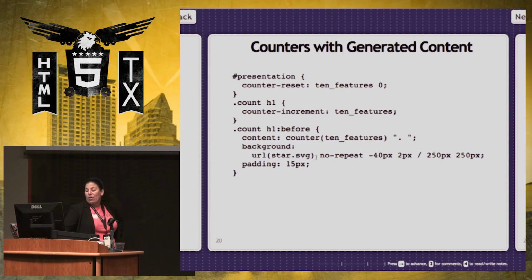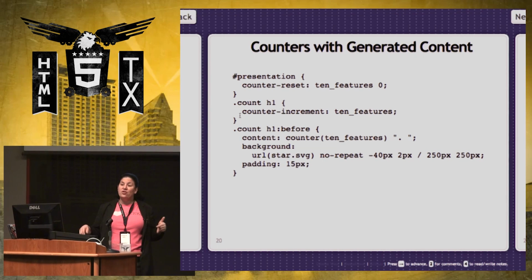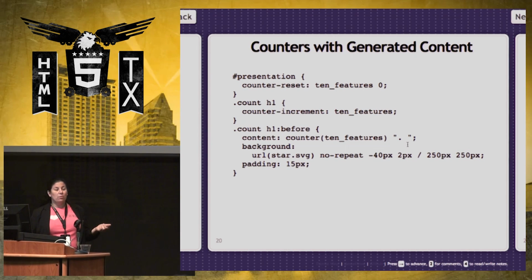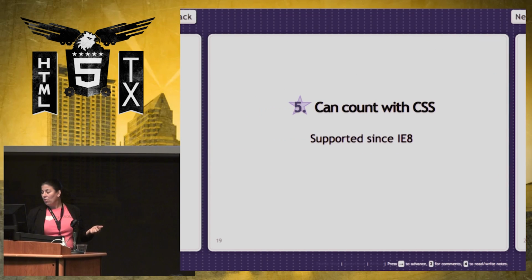I give it a background of a star. And before the element, using the before pseudo element, so I'm generating content, I add the counter number, which I do through counter, parentheses, and the name of my counter. And then I add a period. And so that is how we end up with the 5 and the period.